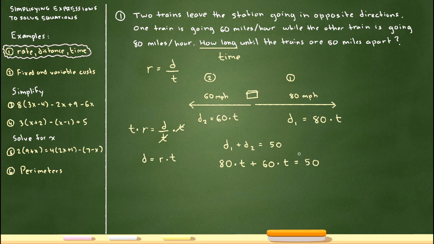So to solve this equation now, we want to go ahead and combine like terms when we can. So 80t plus 60t, we're going to get 140t. And this is equal to 50. And division by 140 on both sides will give us the t value.